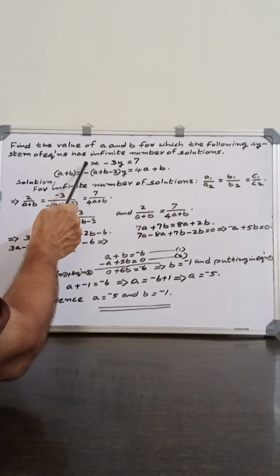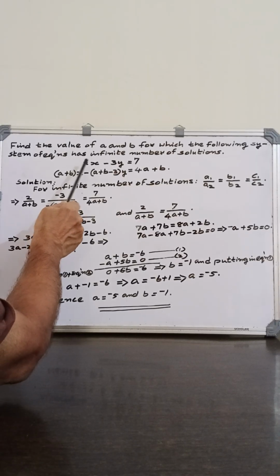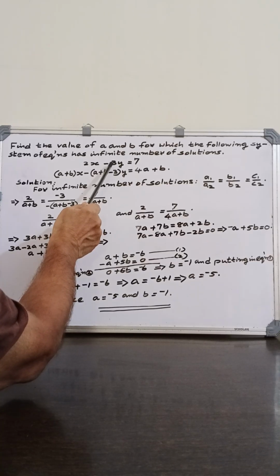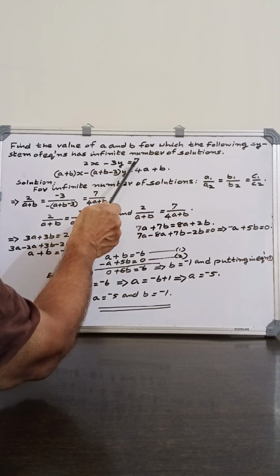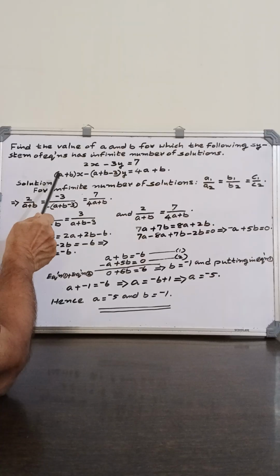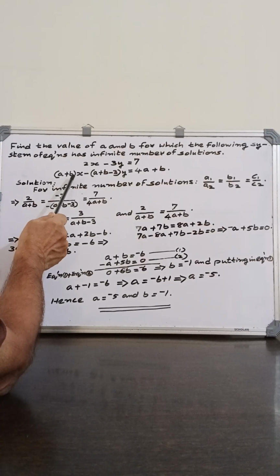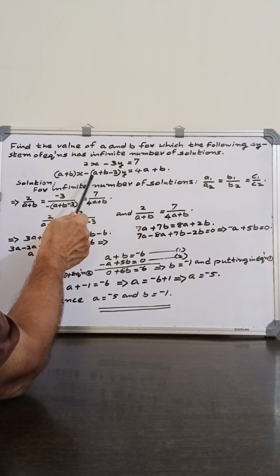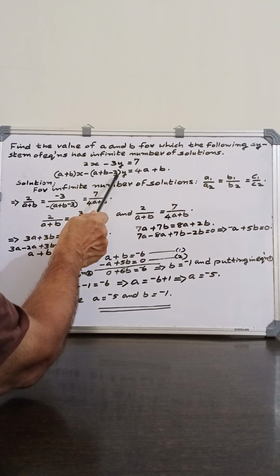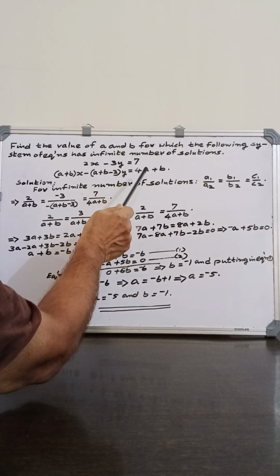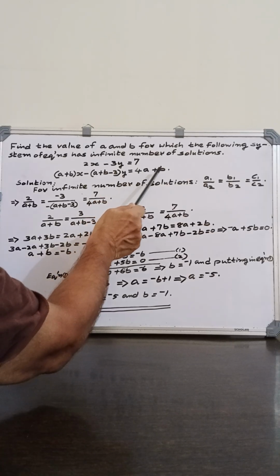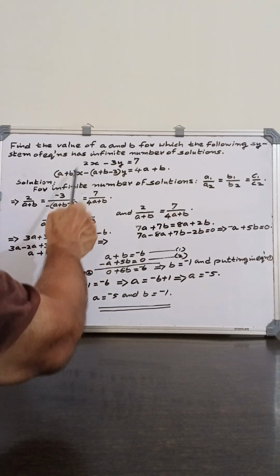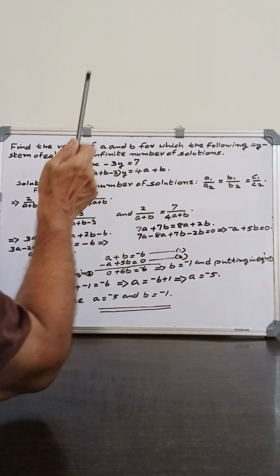Therefore, A1 is positive 2, B1 equals minus 3 and C1 equals 7. A2 equals a plus b, B2 equals minus of a plus b minus 3 and C2 equals 4a plus b. Thus, we can classify the coefficients of the terms.